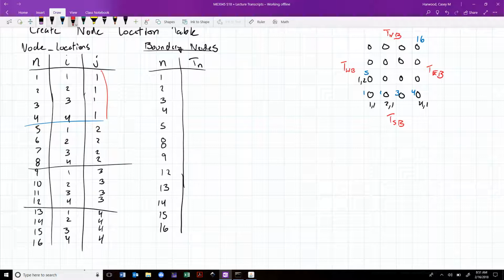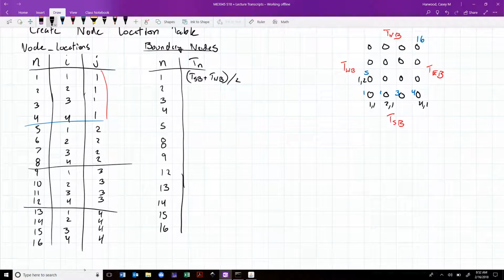So for node 1, for example, at this lower left-hand corner, this is kind of an oddball because it's at the meeting point of two boundaries. It's on both our southern boundary and our western boundary. There are lots of ways of dealing with this. My preference is just to take the average of the two temperatures wherever you're at a corner. So here we would say it's T south boundary plus T west boundary over 2.